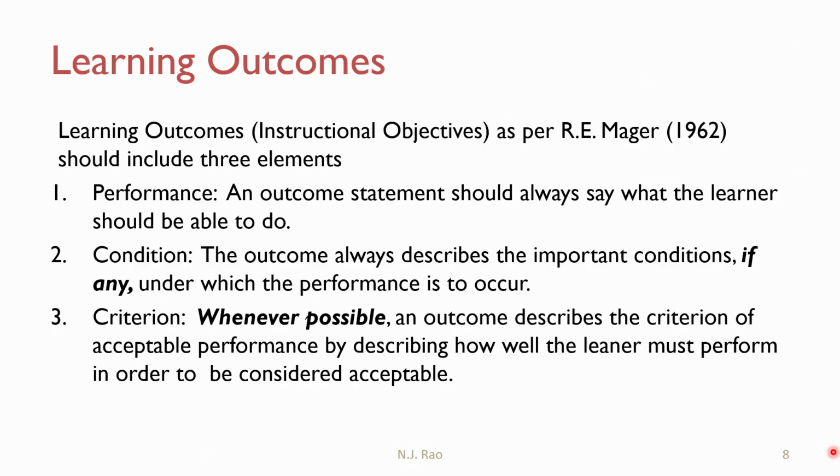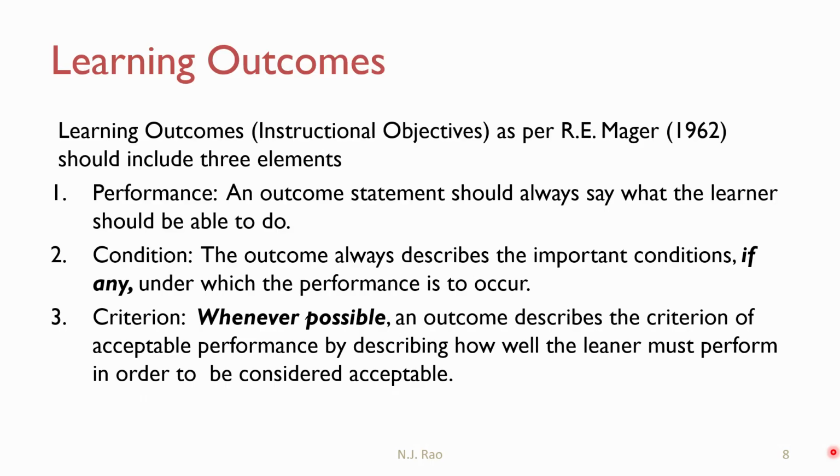Similarly, criterion. Again, whenever possible, an outcome describes the criterion of acceptable performance by describing how well the learner must perform in order to be considered acceptable. So, criterion of acceptance, in some courses like music or sports, the criteria are very clear.